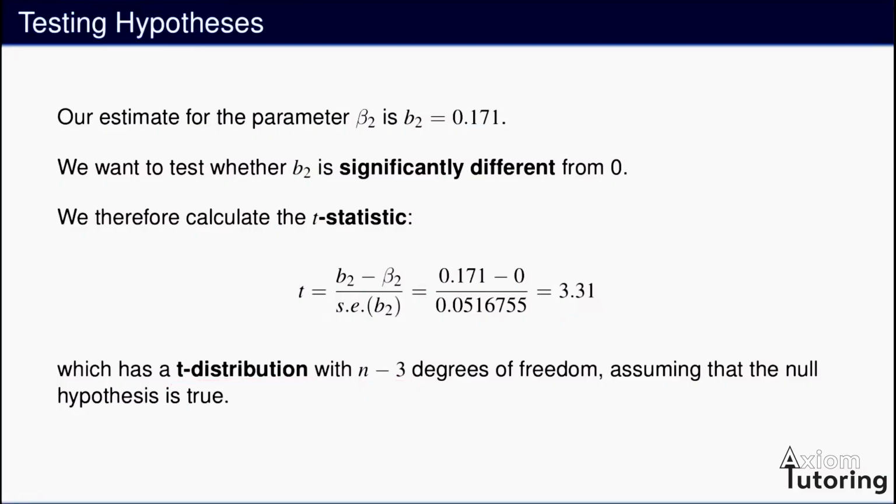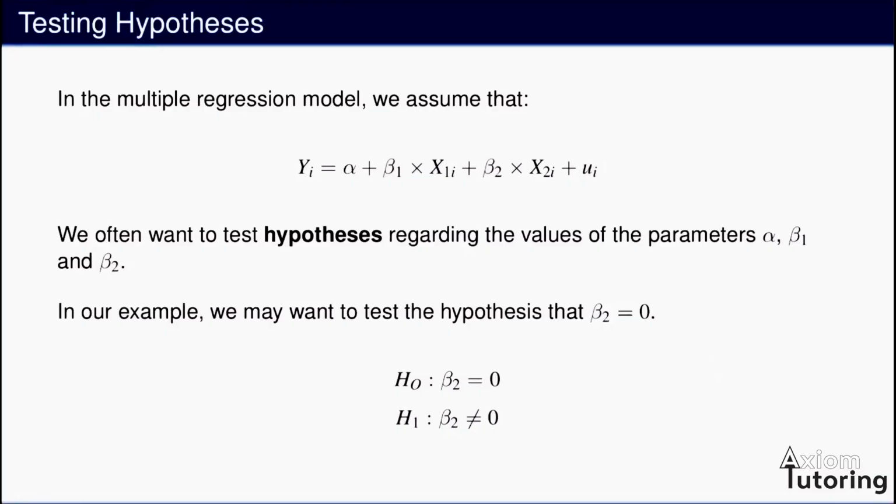Now, we know that our test statistic has a t-distribution with n minus 3 degrees of freedom, assuming that the null hypothesis is true. Remember that with a t-test, when we want to calculate the number of degrees of freedom, we just look at our sample size, n, minus the number of parameters that we estimated. In our regression model, how many parameters do we estimate?